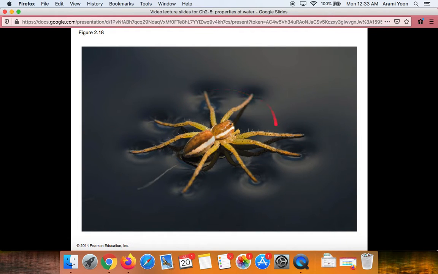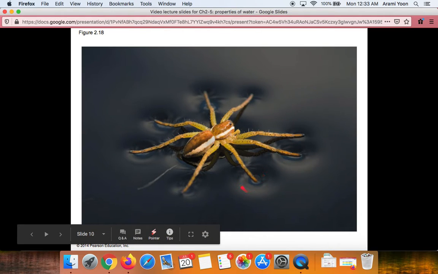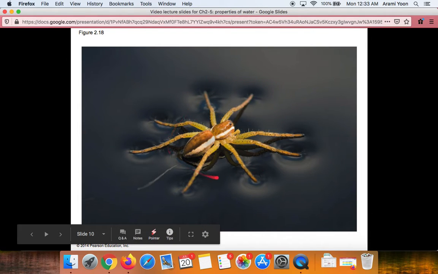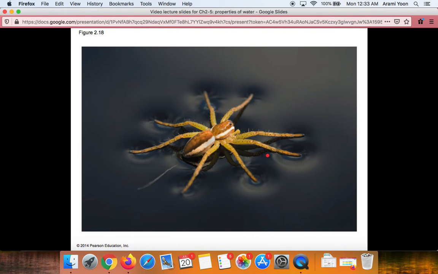And because the spider is able to distribute its weight across all 8 of its legs, these legs will not produce enough force to break through the hydrogen bonds that are holding the water molecules together. And so that's called surface tension.